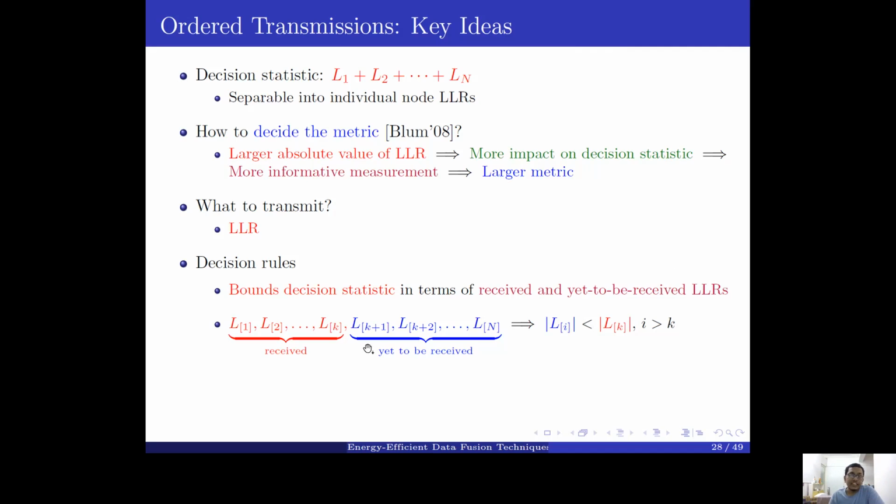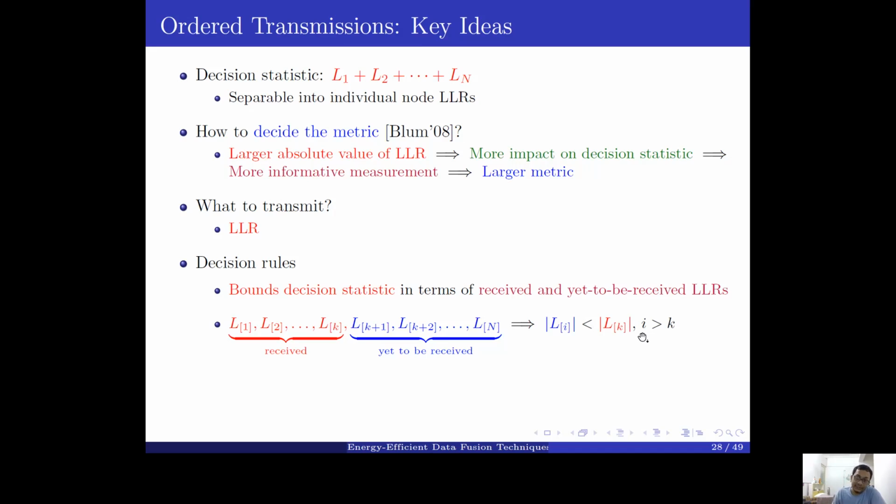For example, if you have received k LLRs, you know that the absolute values of the remaining n-k LLRs will always be less than the absolute value of the k received LLRs. And you can use this to bound the decision statistic.